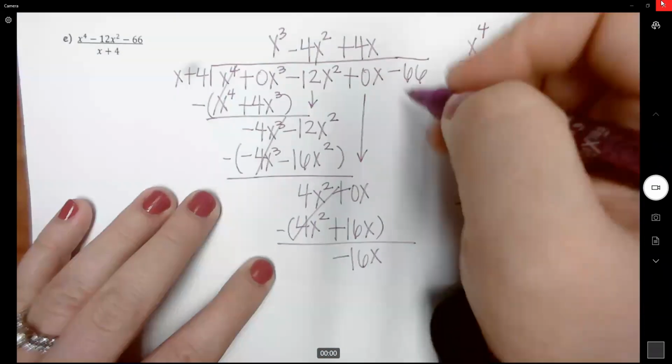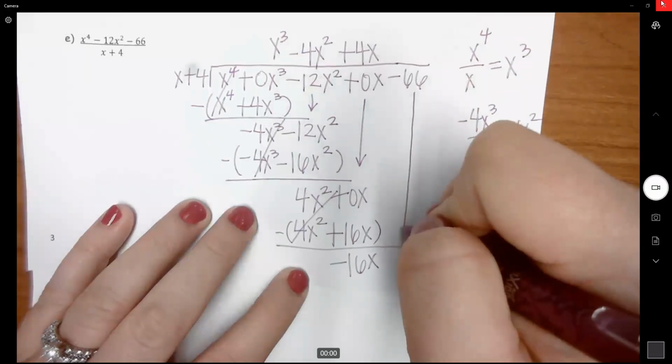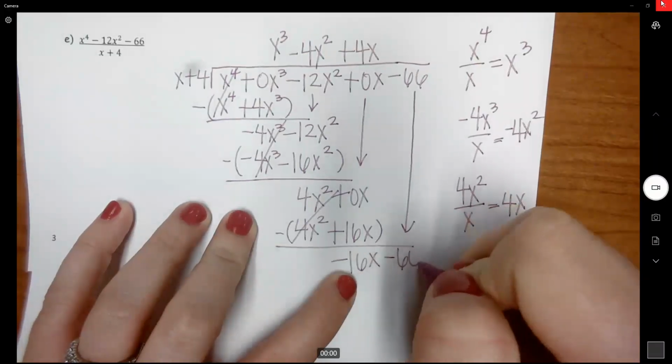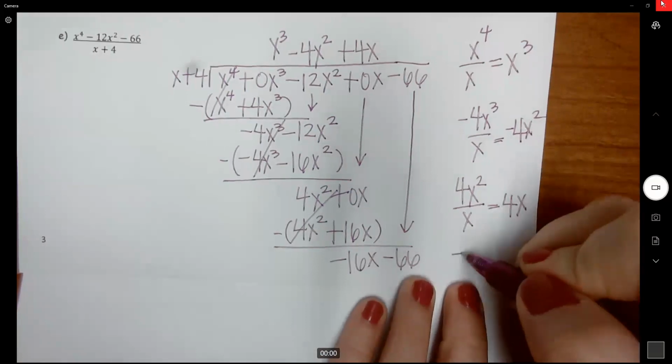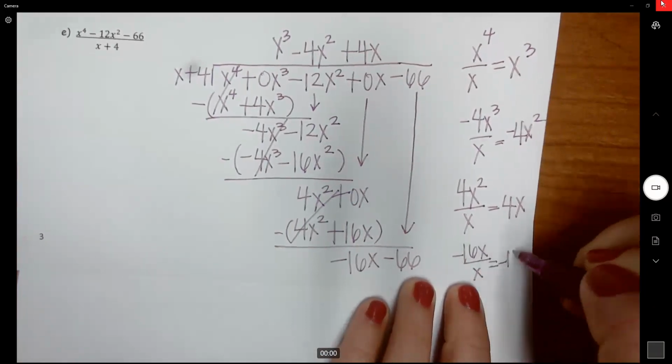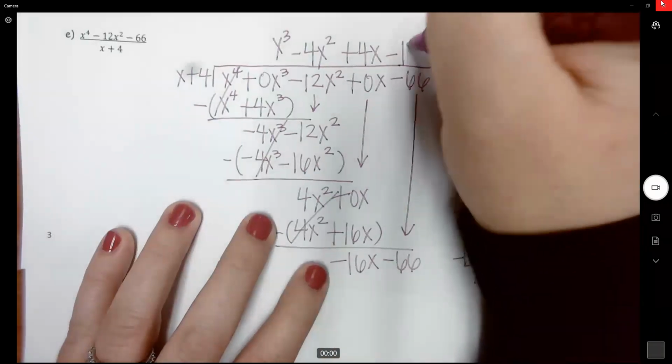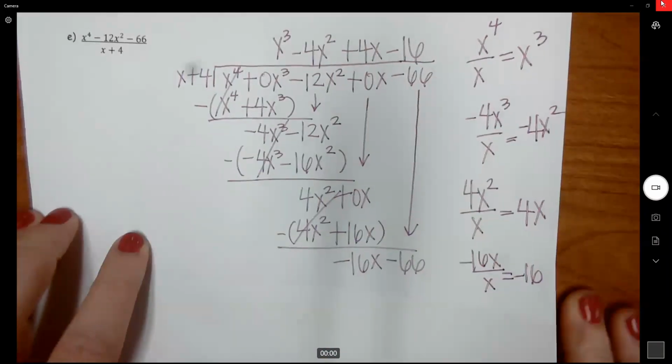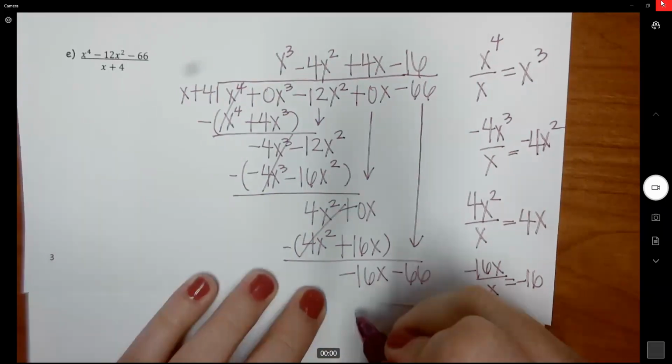And then lastly, bring down our last term. We got negative 16x divided by x to get negative 16, which goes above my constant. Multiply back.